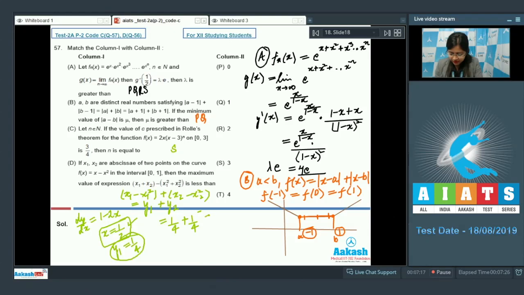So the value is slightly less than 1 by 2. So the maximum value is less than 1 by 2. So from the options we can see that it is less than Q, R, S, T. So this is the answer of this question. I hope the question is clear to you.